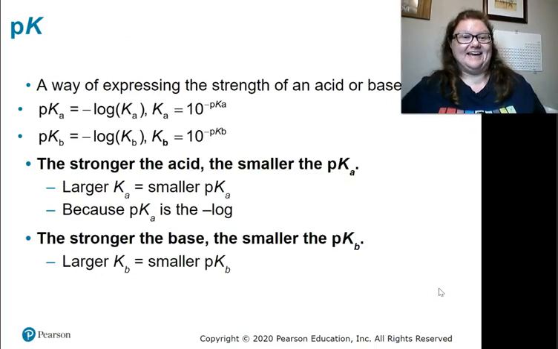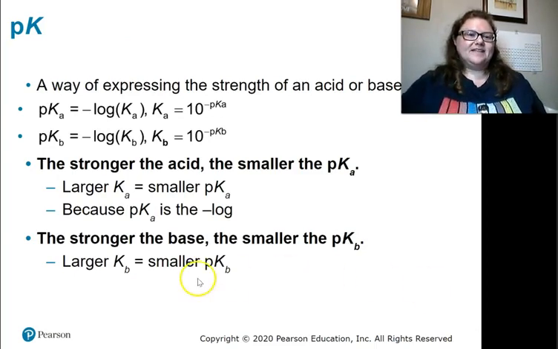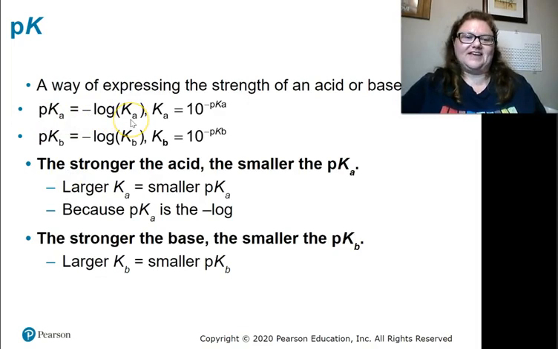All right, pK. This is another way of expressing the strength of an acid or a base. The pKa is the negative log of the Ka. Remember that was the equilibrium constant, our ionization constant for an acid. And then here's the base counterpart. It just has a sub B there.